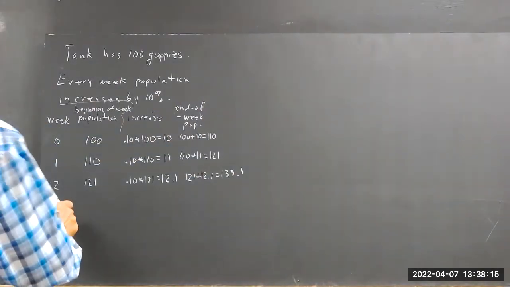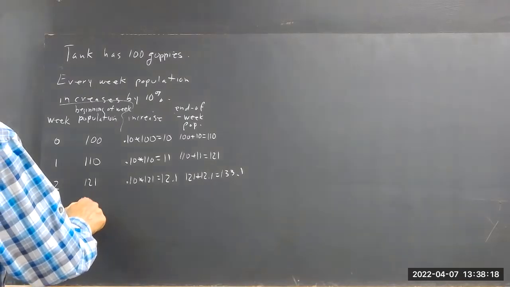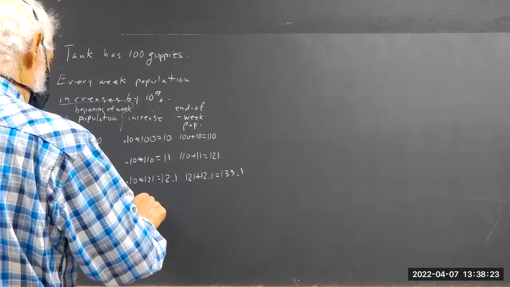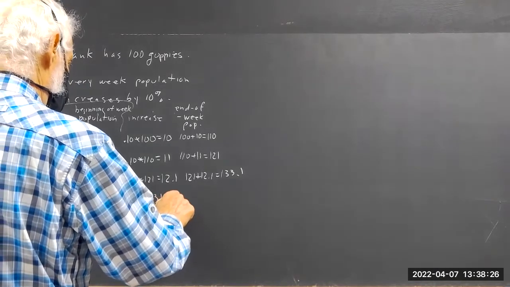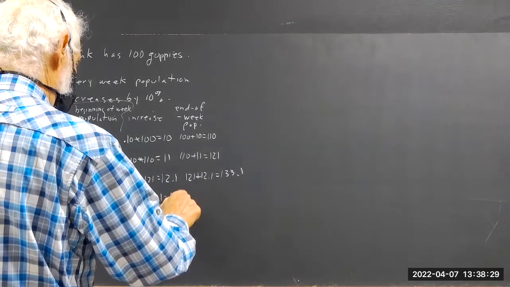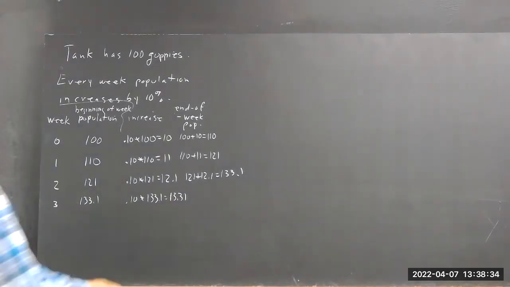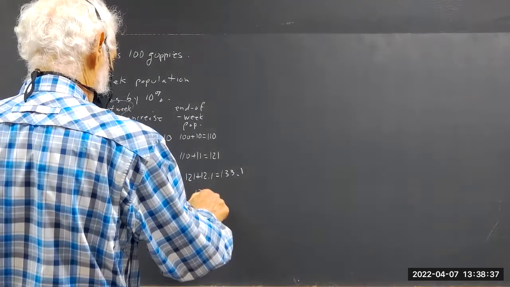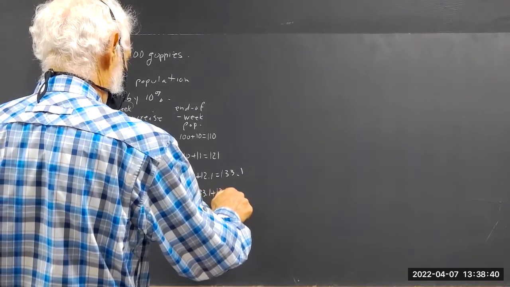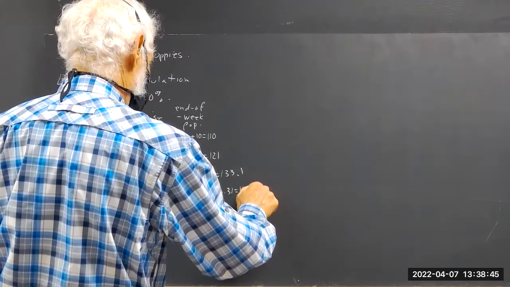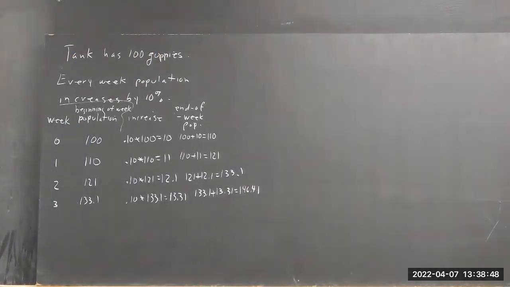The third week, we've got 133.1 guppies. We add 10% of that. Now we've got a 31% chance of an extra guppy. And we have 146.41.